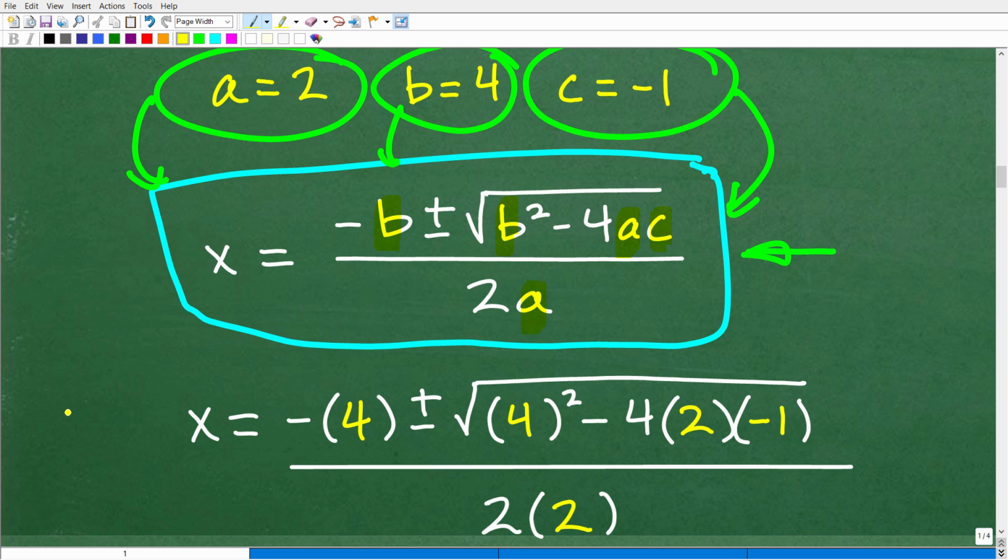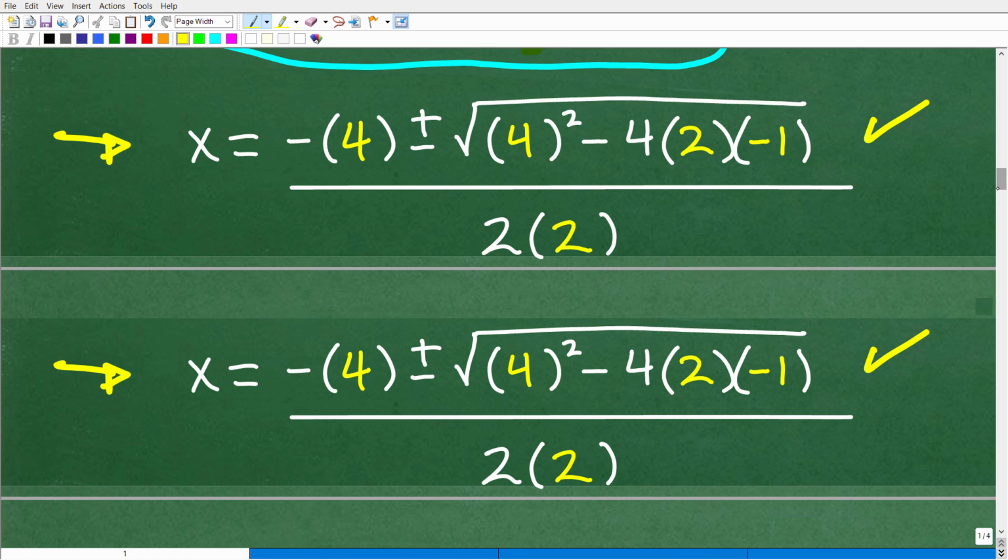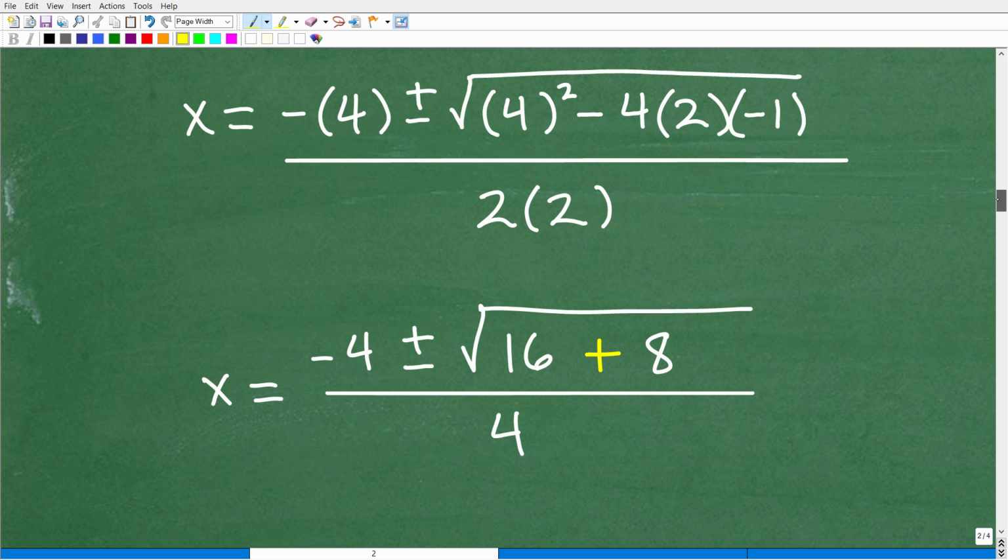Over the decades, I have seen so many students, very good students, just make a simple error by plugging in the wrong number value for a variable. It can happen, especially if you lose focus. So before you do anything, double, triple check that you have the right numbers plugged into the quadratic formula. And once you're confident, now I'm going to focus on simplifying this. So let's go ahead and get into that right now.